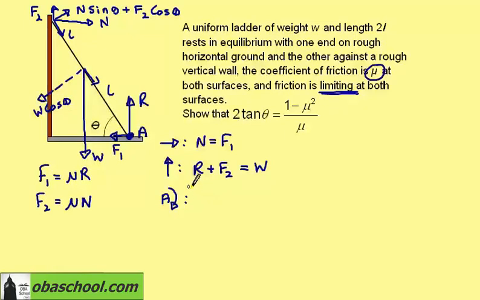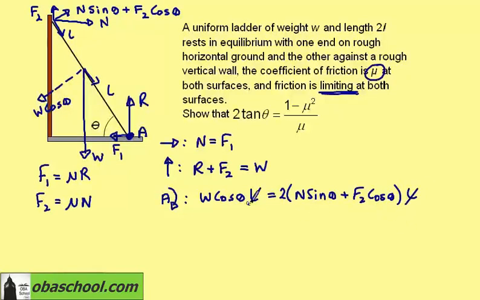So we can now take moments. This one turns in one direction, so W cos theta multiplied by L must be equal to the N sine theta plus F2 cos theta, both of which turn us in the opposite direction, times their distance, which is 2L.